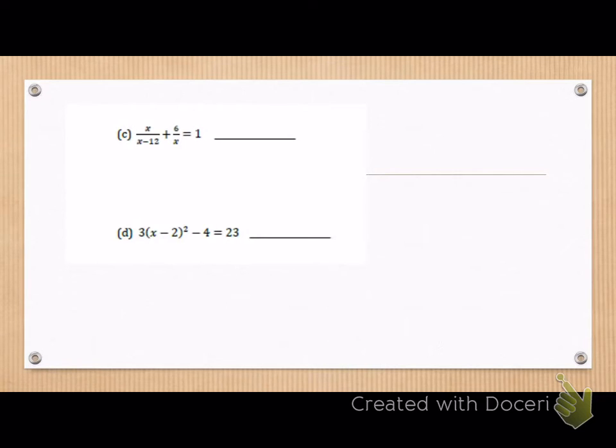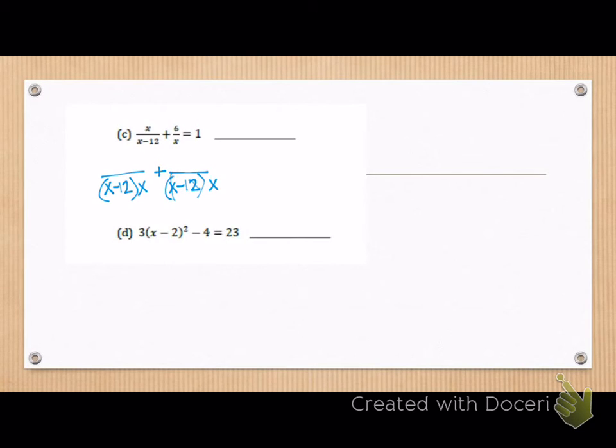So we've got a couple more solving to do. For this one here, I do need to get a common denominator. So this one looks like x minus 12 and x is going to be my common denominator. Oh, this is not working very well.